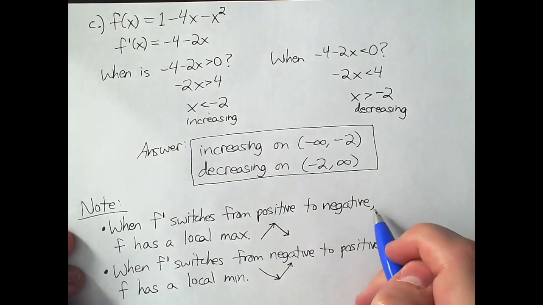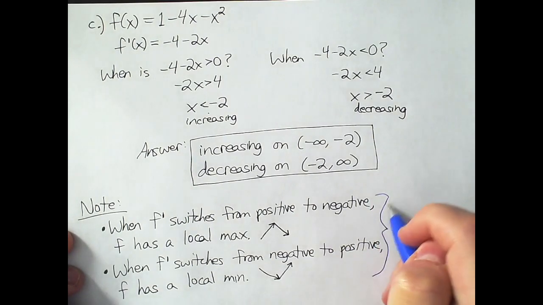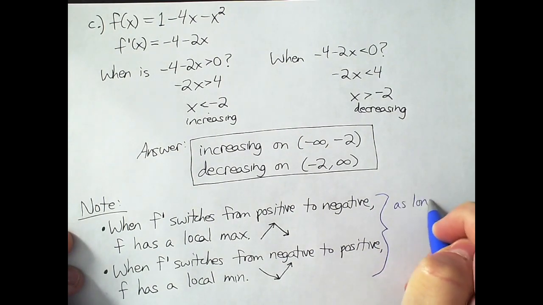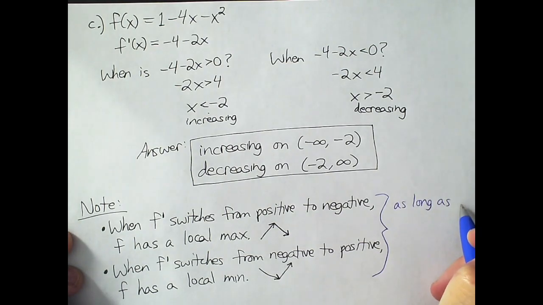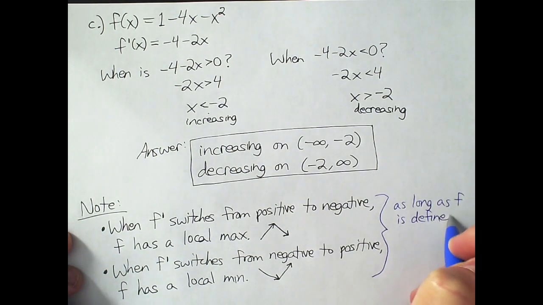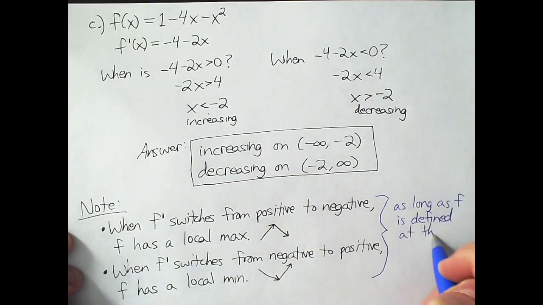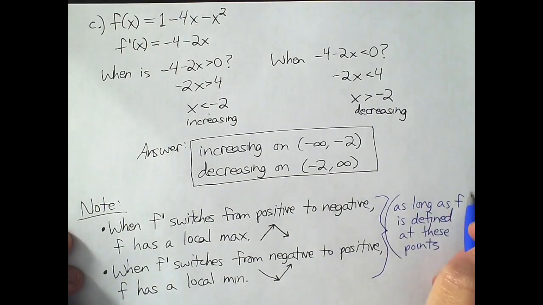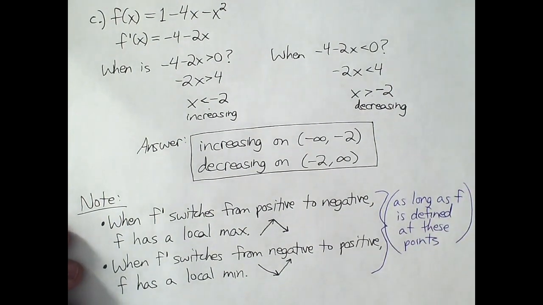My disclaimer off to the side for both of these is I'm going to say as long as f is defined at these points. There are a couple of exceptions, but in general, if the function exists at the place where it switches, it's going to be a local max or a local min.